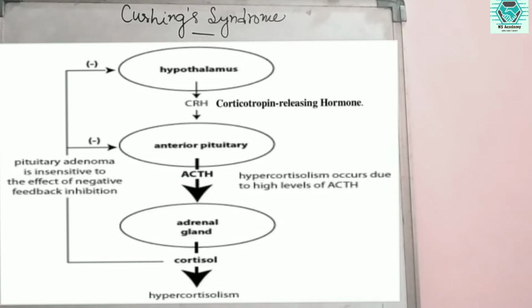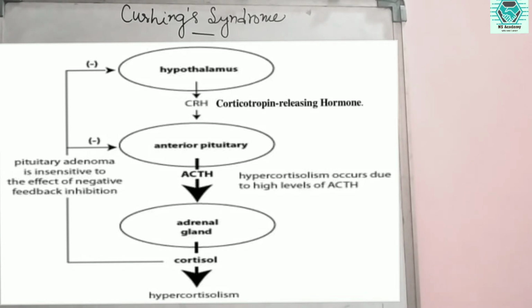Generally all the releasing hormones are secreted from the hypothalamus, which stimulate the anterior part of the pituitary, and that anterior pituitary releases ACTH, and ACTH acts on the adrenal gland to release cortisol. Hypercortisolism occurs due to the high level of ACTH.